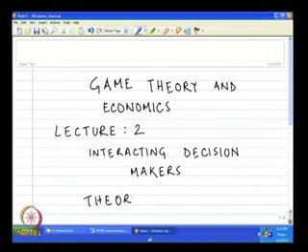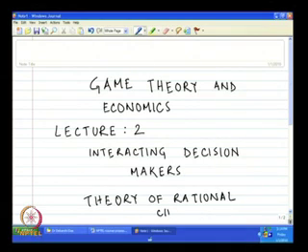We said that one of the founding stones of this game theory is the theory of rational choice. What does it mean? Theory of rational choice essentially says that any player, or what in economics we call an economic agent, at any point of time has a number of actions to take.